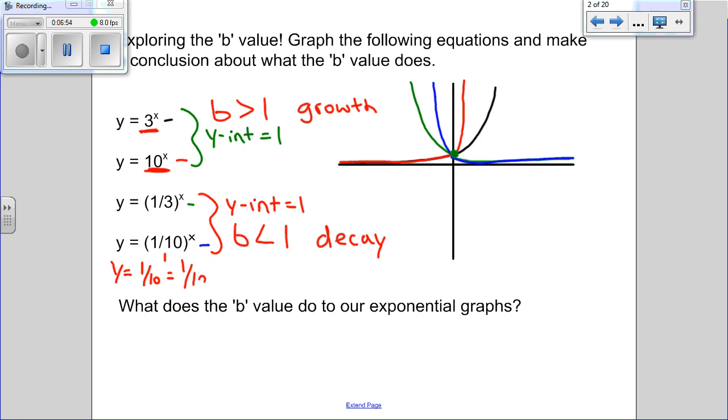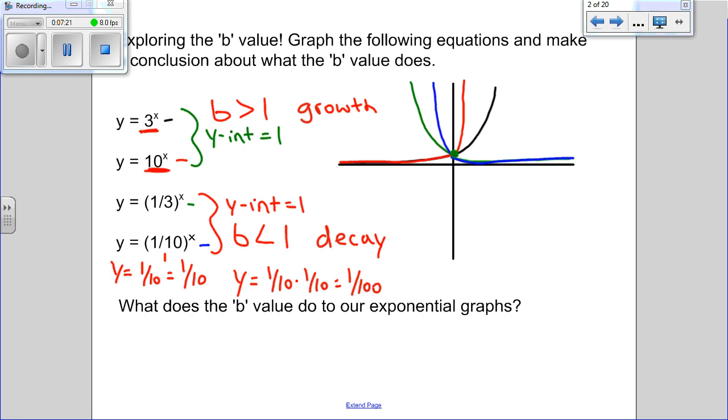Now if I made x equal to 2, that would equal y equals 1 over 10 times 1 over 10, which equals 1 over 100, which is now a smaller number than 1 over 10. So as the exponent's increasing, I'm multiplying it by another fraction, which makes it a smaller and smaller and smaller number for y. That's why it's decaying instead of increasing.